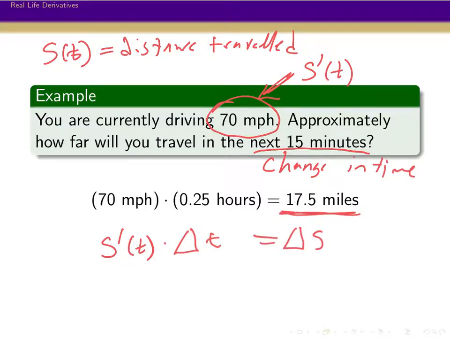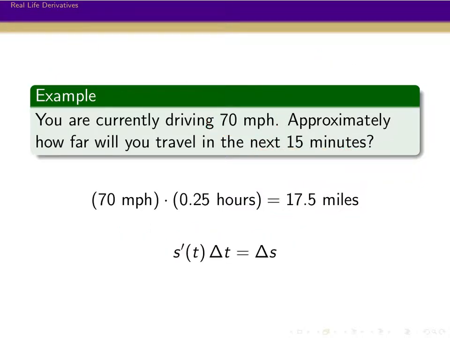So to clean this up, deep down what this is talking about is exactly what we saw in the last slide: the change in distance is equal to the derivative times the change in time. Okay, so this really is a concept that, although maybe you haven't used these technical terms before, is really something that we use every day.